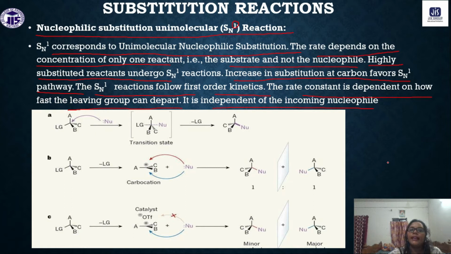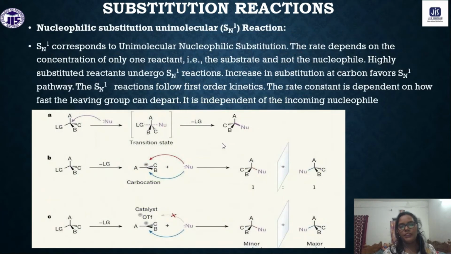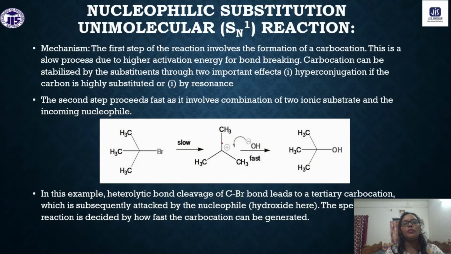The SN1 reactions follow first order kinetics, because as it is a unimolecular reaction, the rate of the reaction depends on only one reagent. Now we will see the mechanism.